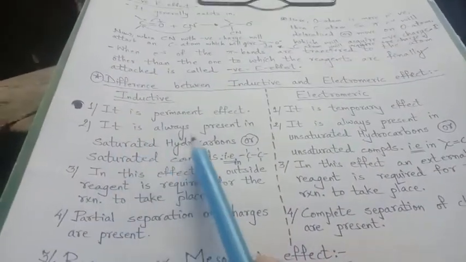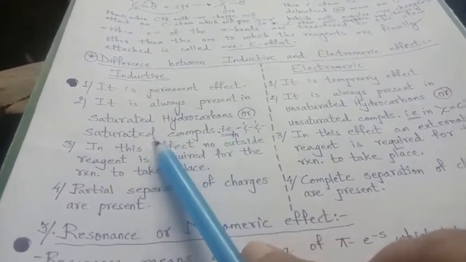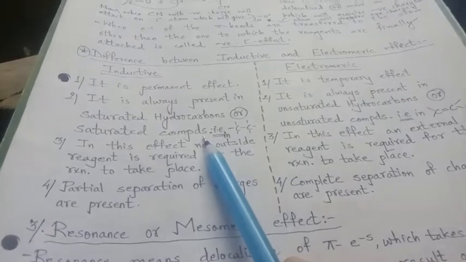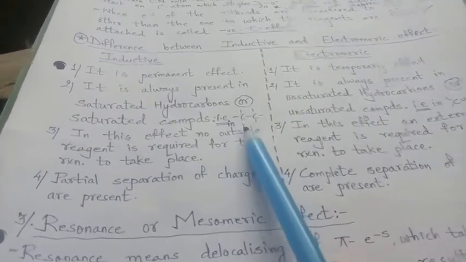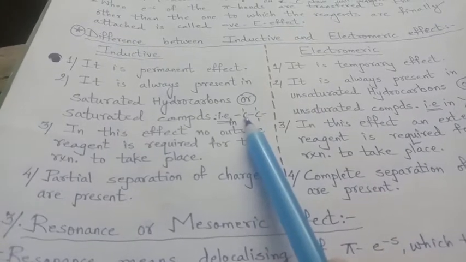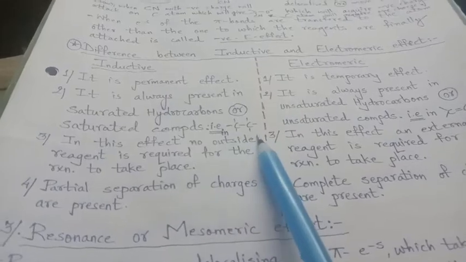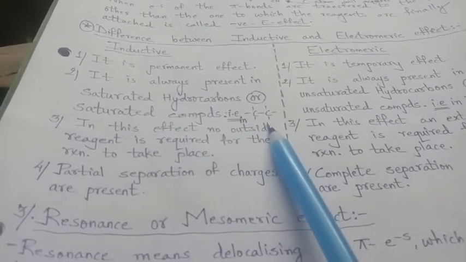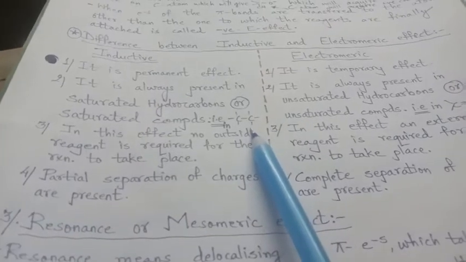The inductive effect is always present in saturated hydrocarbons or saturated compounds. Saturated means all the valencies of the carbon are completely filled, carbon 1, 2, 3, 4. Then such compounds are called saturated.